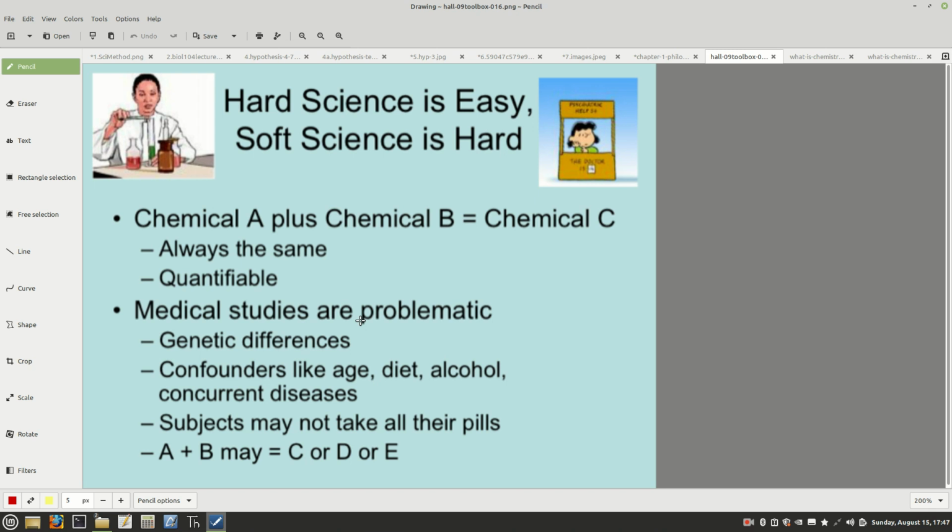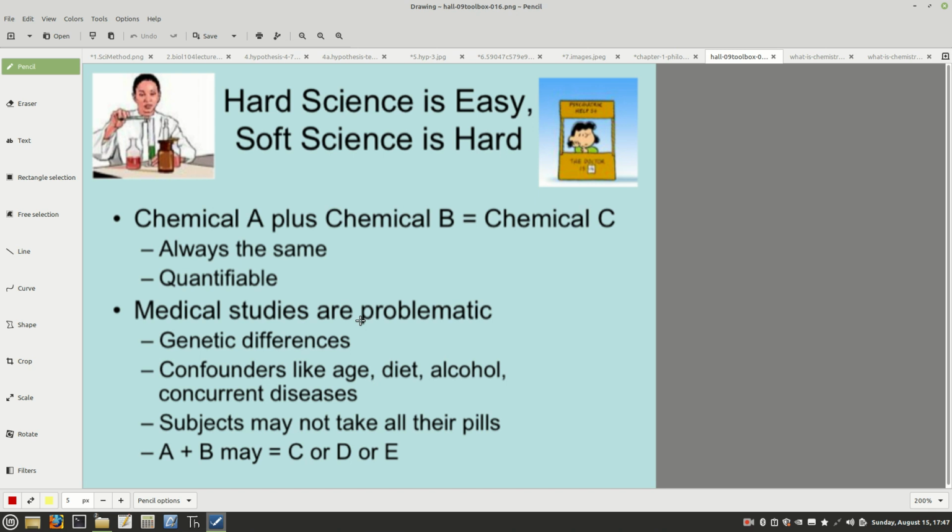It makes it really difficult to always control the environment around an organism, because the organisms are trying to survive and adapt, and they learn. So you can't use the same rats over and over again because they learn, that sort of thing. And the biochemistry might adapt to a drug, so you can't keep using the same rats to see how they react, because over time they may react differently.